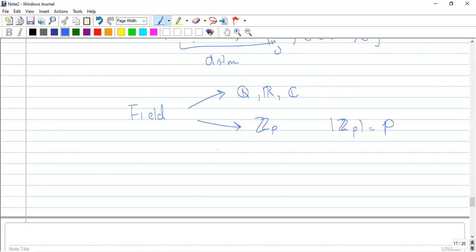So now the problem है कि could we construct a finite field F such that its order is not a prime number? This is the point. For every prime number P, we can construct a field of that order.